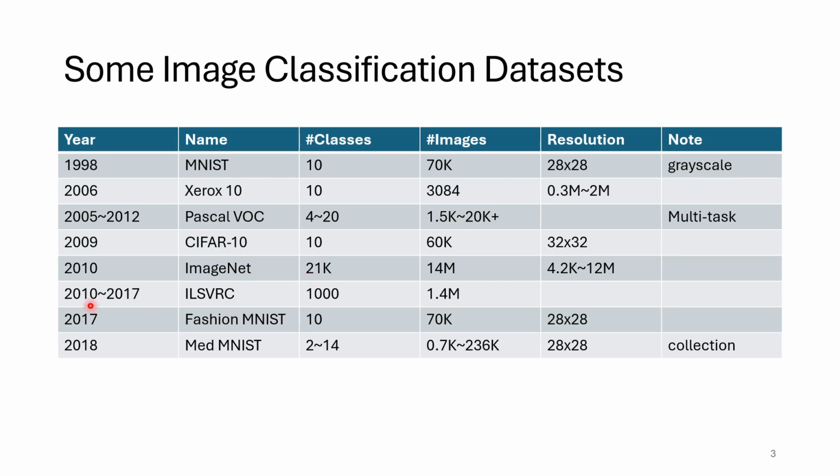And there is a challenge from 2010 to 2017, the ImageNet Large Scale Visual Recognition Challenge. They only selected 1,000 classes from the 21K classes, so that they can use it as a benchmark to encourage researchers to develop new, more effective image classification algorithms, and we will see them there.